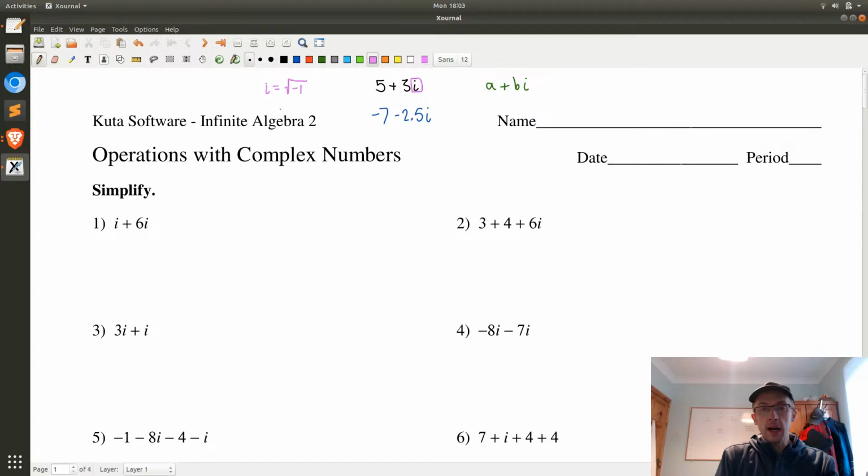However, we can imagine that such a number exists and solves that problem for us, and we'll call it i. And then we get a very interesting arithmetic as a result. We call these numbers complex numbers. They have a real part and an imaginary part here.